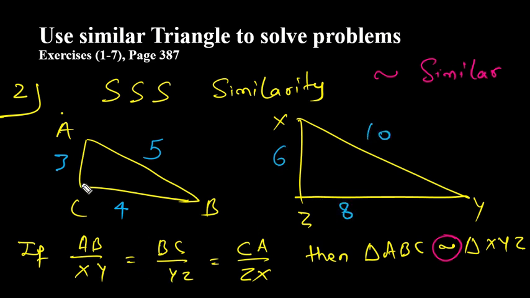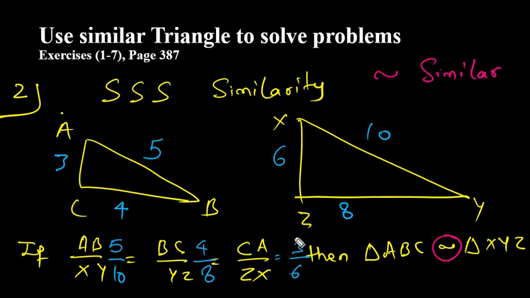In this case, if you put the values in the ratio, AB is 5 and XY is 10, BC is 4, YZ is 8, and CA is 3 and XZ is 6.